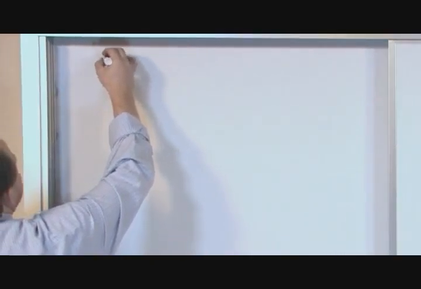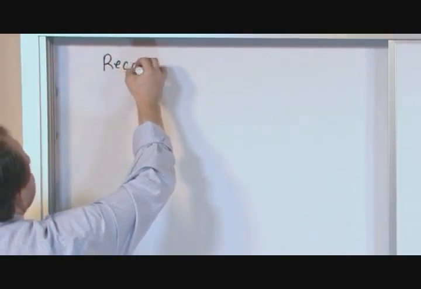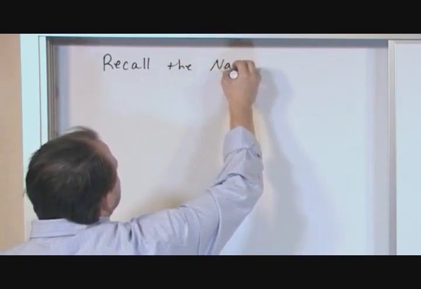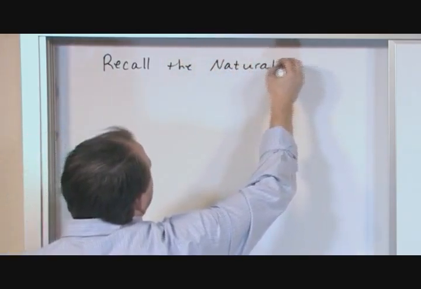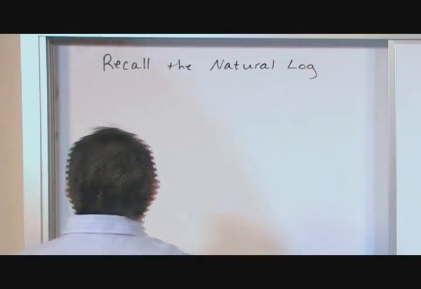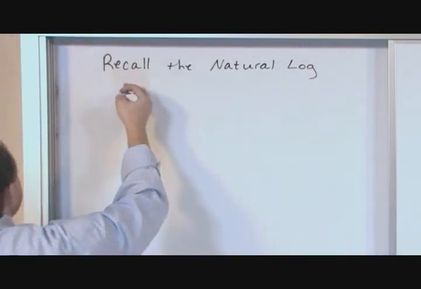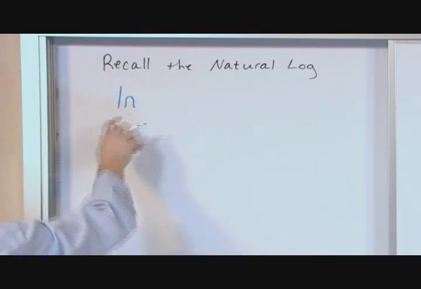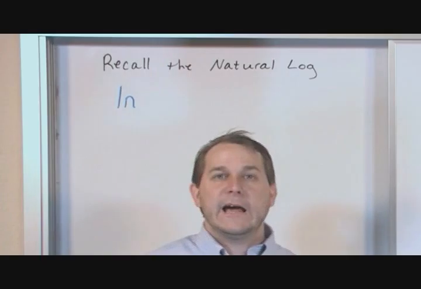So what we want to do is recall what this guy is before we learn how to take the derivative of it. Recall the natural log. Basically there should be a button on your calculator with ln. It might be a second function somewhere, but you'll see ln of x.